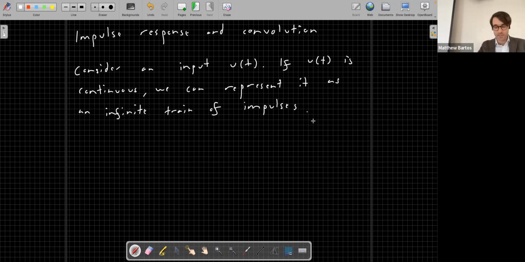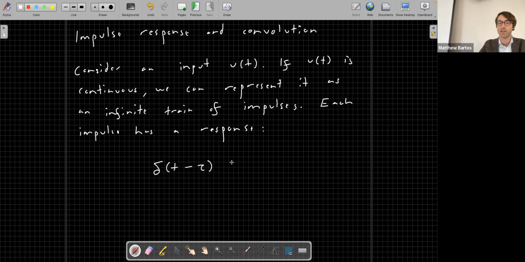Okay, so the key idea is that each impulse has some response. So if we hit the system with delta evaluated at t minus tau, this will give us some response h of t minus tau. And we'll call the response to an impulse the impulse response. Each of those impulses is going to give us some response h of t minus tau.